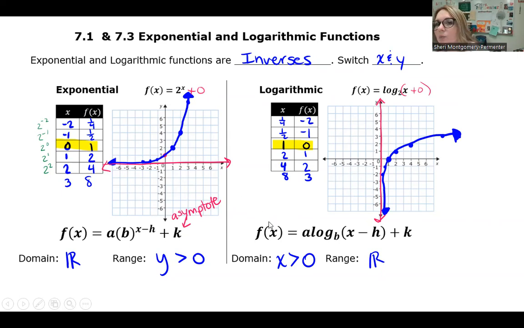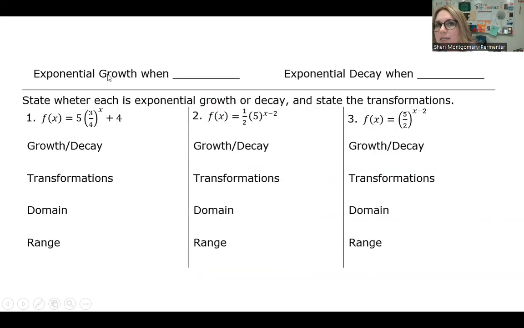But when we talk about whether or not something is growth or decay, we're looking specifically at the base. And so that's what B is. B is the base. So exponential growth is going to be when the base, or the B, is bigger than 1. So I wrote that mathy, and I'm also going to write it just in words.